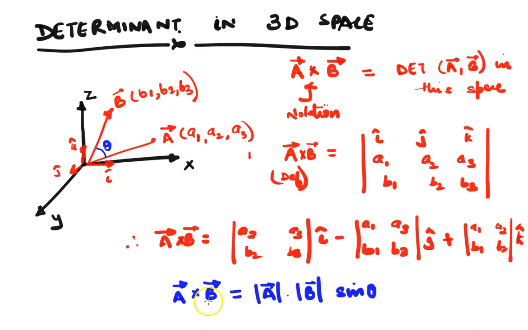Right? So we say it is the area of parallelogram into a vector. So A cross B is a vector, because that's why it's called a vector product. So it has a certain magnitude and a certain direction.